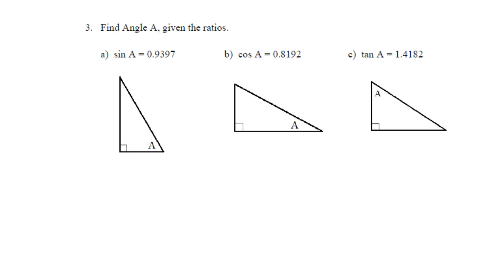Then we went through and found trig ratios based on an angle. Now we just used our calculator to find our ratios in decimal form or percent form based on an angle. Now I'm asking you to find the angle. We're going backwards. We don't know the angle. So this is going to require a different keying sequence for us.